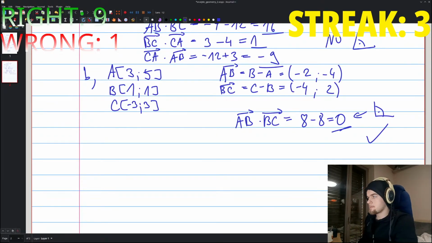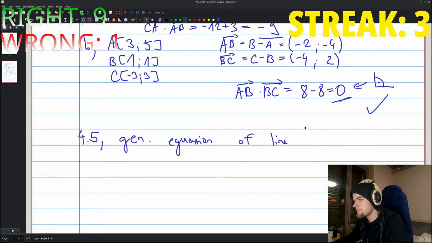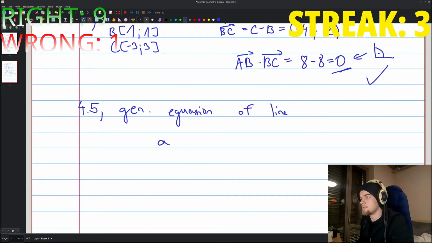Okay. So 4, 5. I can't even write. So as we know, that's ax plus by plus c is equal to 0. That's the general equation of the line.